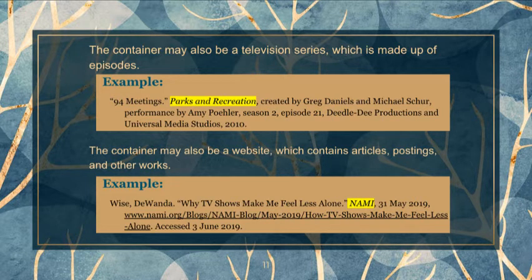Then in parentheses, we have the actual work, Parks and Recreation, one of my favorites. Now, moving on past our television example, your container may also be a website, which within that website contains smaller articles, postings, and other works. For this, the title of our container is NAMI, which is highlighted in italics.